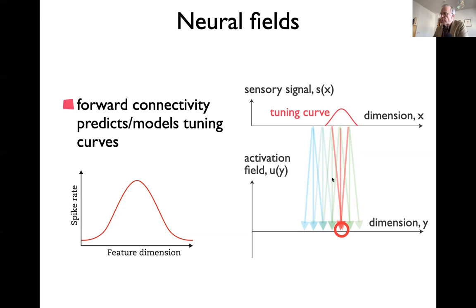So the tuning curve is sort of the inversion. This is a forward spread, and this is sort of the convergence, which is the inverse, or you could say it's a dual picture of these forward connectivities.